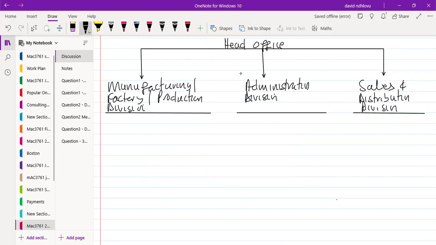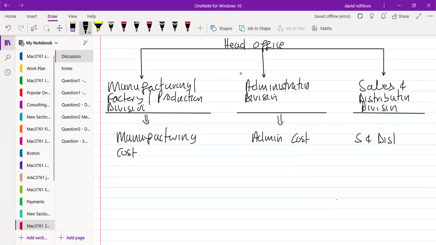So here we are going to get what we call manufacturing costs. All costs incurred here, we'll call them manufacturing costs. All costs incurred here will be known as admin costs, and these will be known as selling and distribution costs.